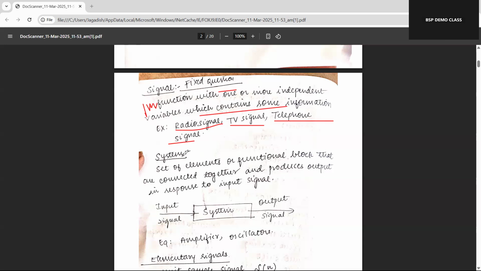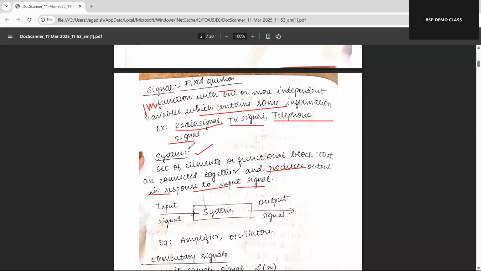Next, what is system? System is a set of elements or functional blocks that are connected together and produce output in response to the input signal. Whatever we give as input, with respect to that, the output is produced. That's the definition of system.